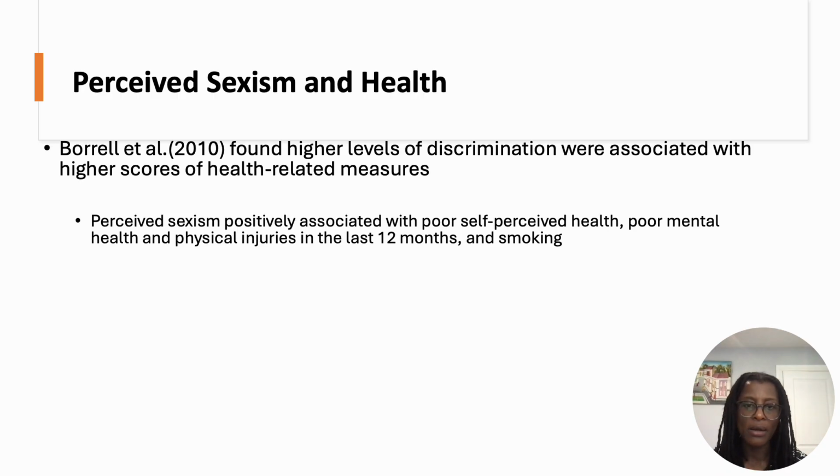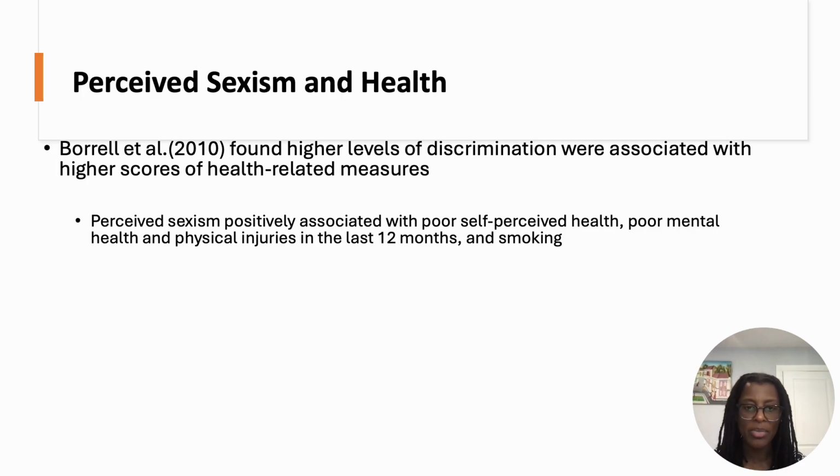So Burrell et al. found high levels of discrimination were associated with higher scores on health-related measures among women. Particularly, they assessed perceived sexism as positively associated with poor perceived health and physical injuries in the past 12 months, as well as smoking rates among women.